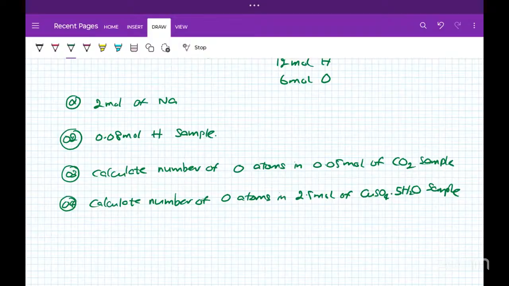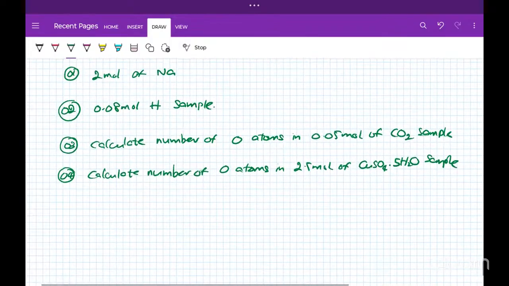You understood the concept well. Now we can move forward to the next type of questions. So for CuSO4.5H2O, 2.5 moles, you can do in this manner as well.